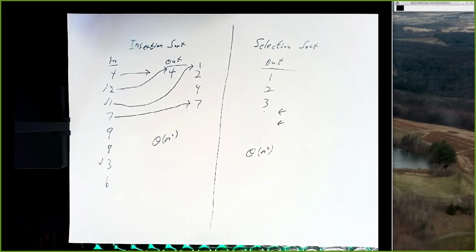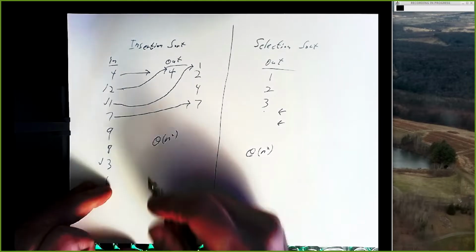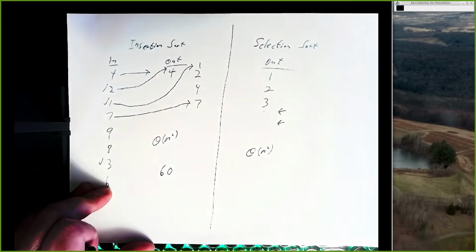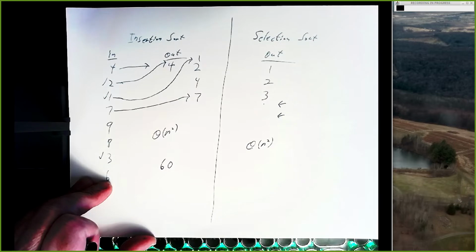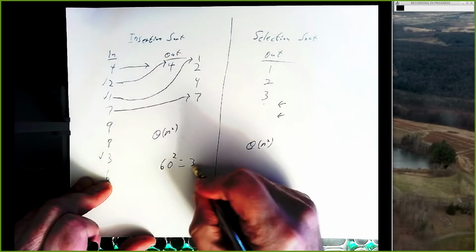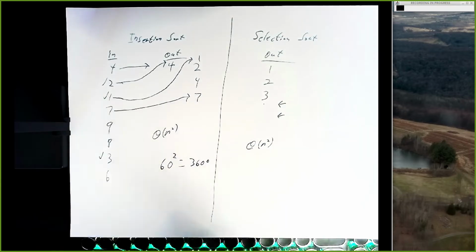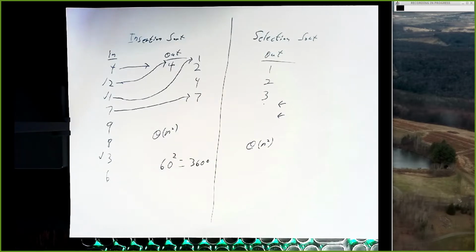But it's not a good proposition, right? If I had 60 papers that I needed to sort in order to put grades into Canvas, I end up doing 3,600 operations, roughly. It's probably half of that. But a few thousand operations just to alphabetize papers.